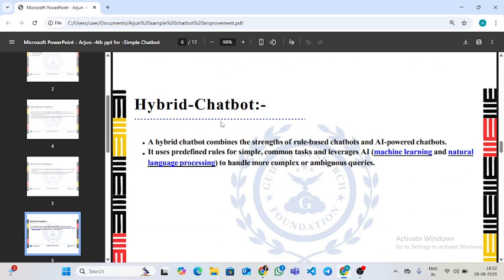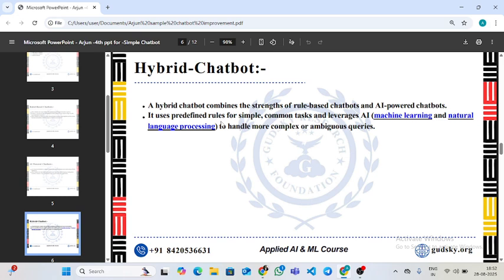That is the hybrid chatbot, the third type of chatbot. Now we will see what this hybrid chatbot is. A hybrid chatbot combines the strengths of a rule-based chatbot and an AI-powered chatbot. It uses predefined rules for simple, common tasks and leverages AI, that is machine learning and natural language processing, to handle more complex or ambiguous queries.